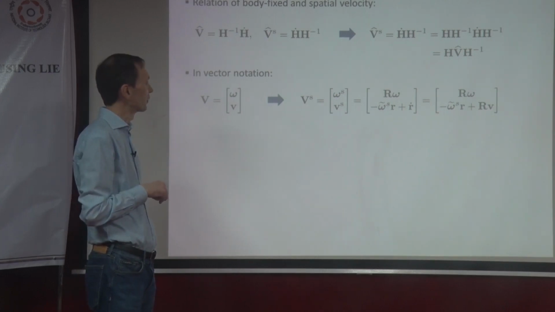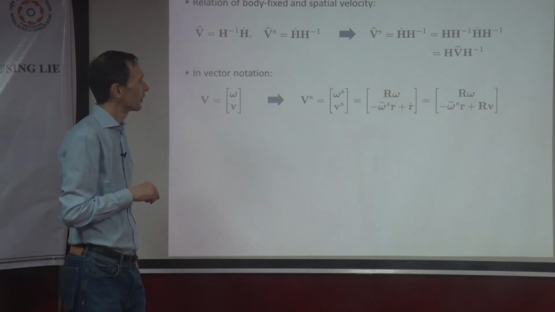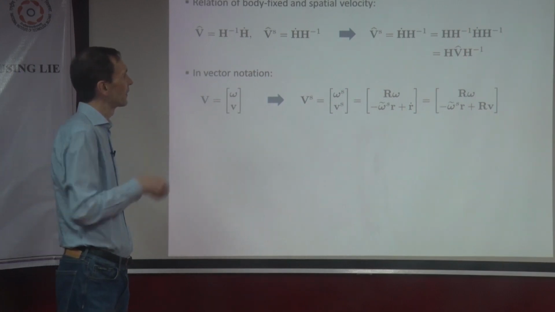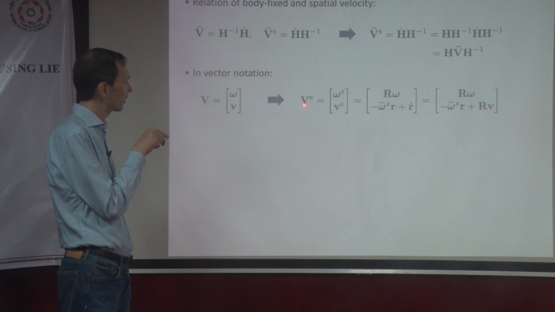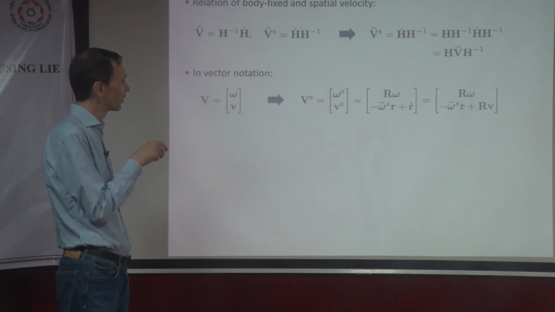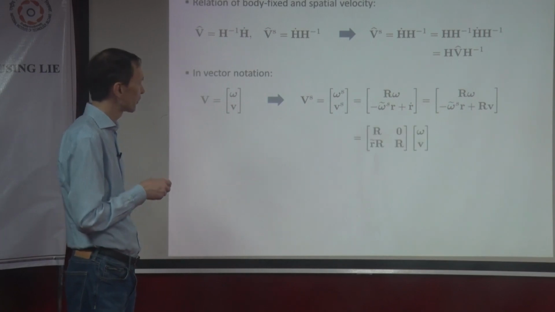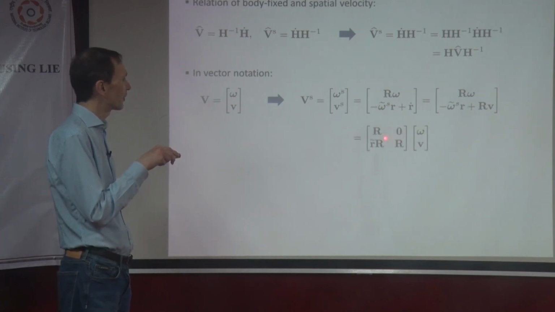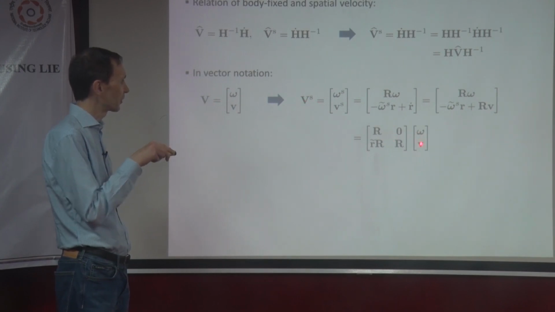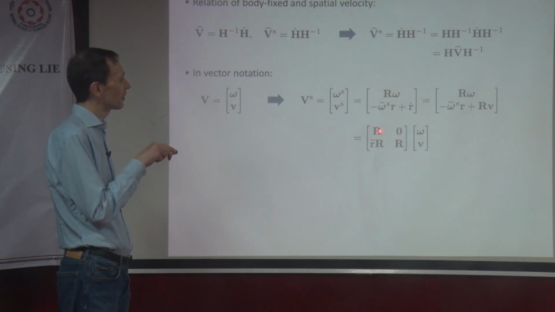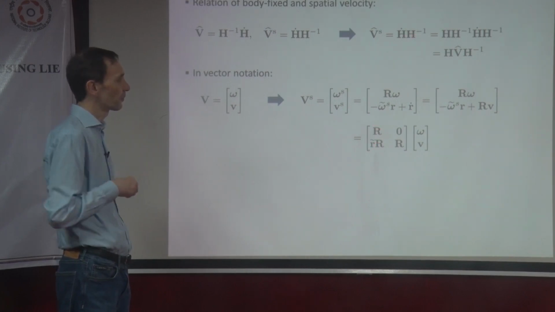If you do the computation, and then extract the 6 vectors corresponding to the twist, then you will see that the space fixed twist and the body fixed twist are related like this. They are related by this 6 times 6 matrix, and that's the R and the little r that is in the homogeneous matrix.